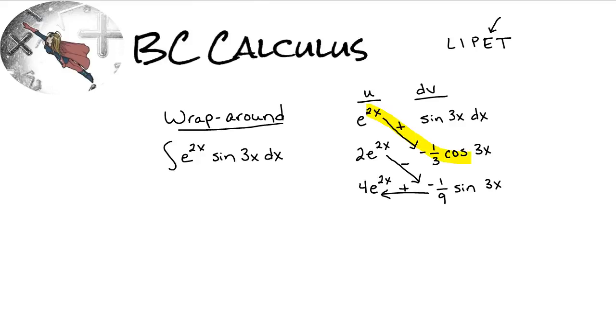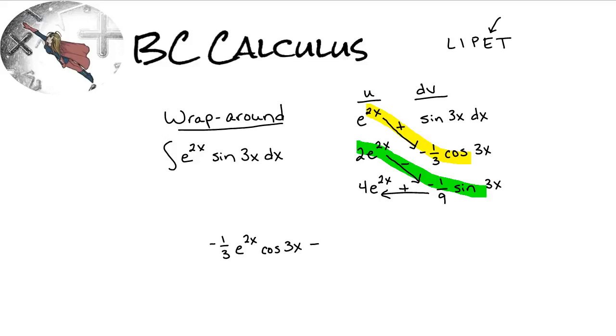I'm going to move the negative 1/3 into the front, so negative 1/3 e to the 2x cosine of 3x. Now I'll multiply the next diagonal, this times that. I'm going to move the 2 in front and times negative 1/9 in front. So that, and on top of it, it's a minus.